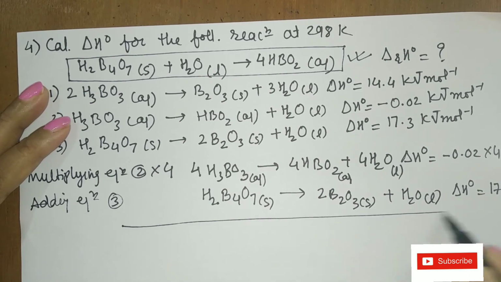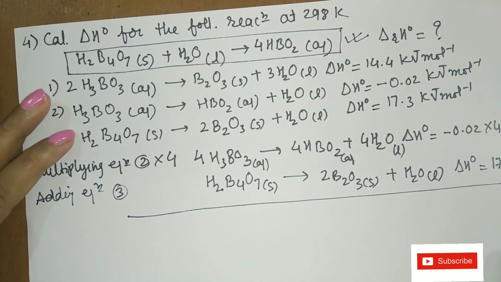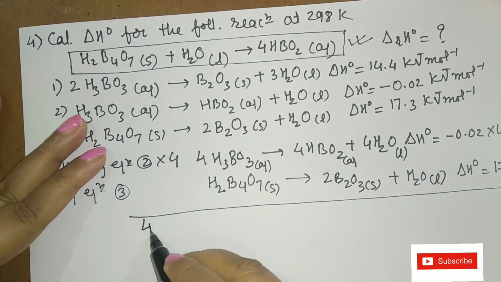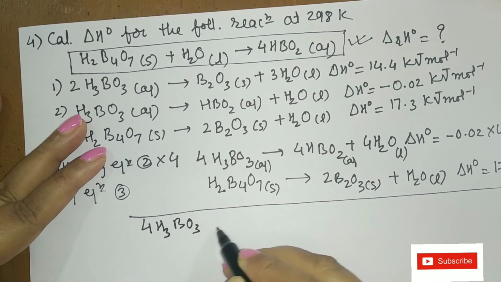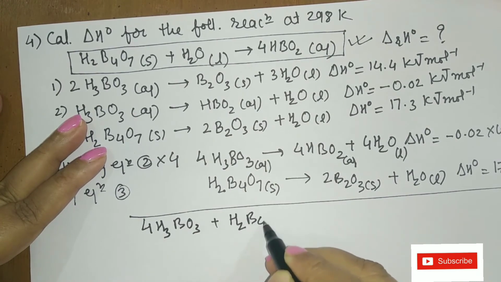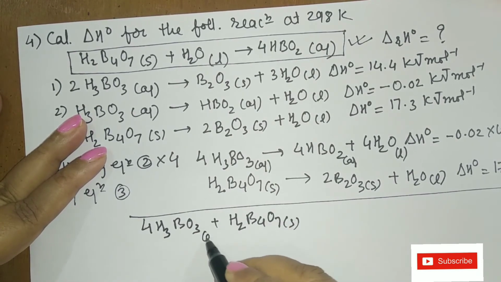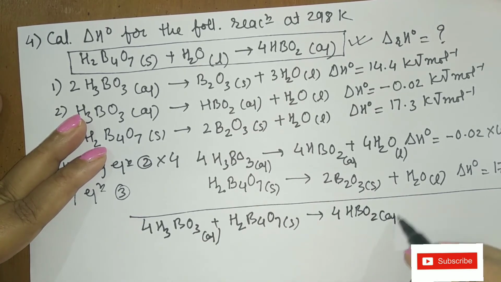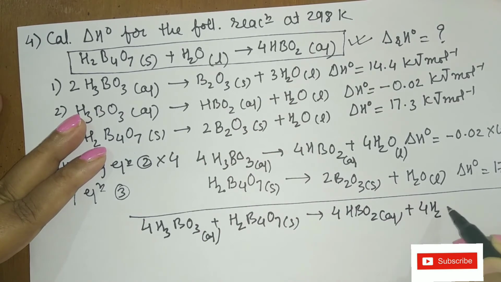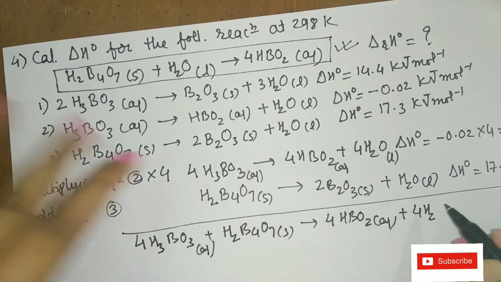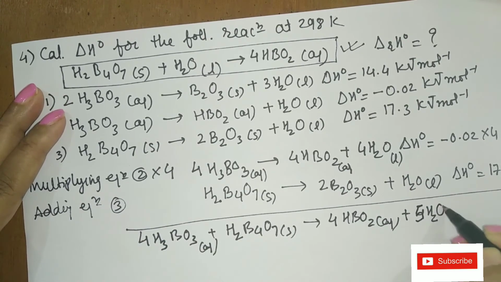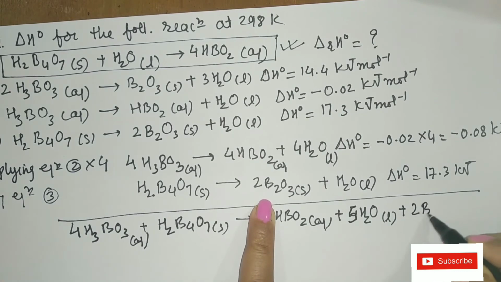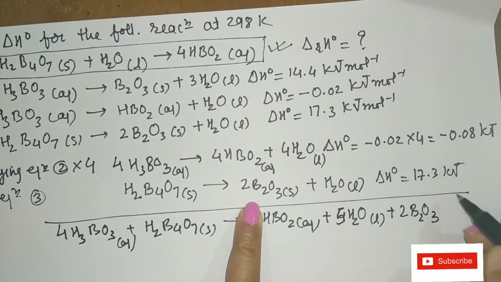Let us add the two equations and see what you get. If I add the two equations, what you will get is 4H3BO3 plus H2B4O7 gives 4HBO2 plus 4 and 1, so it will become 5H2O liquid plus 2B2O3 solid.